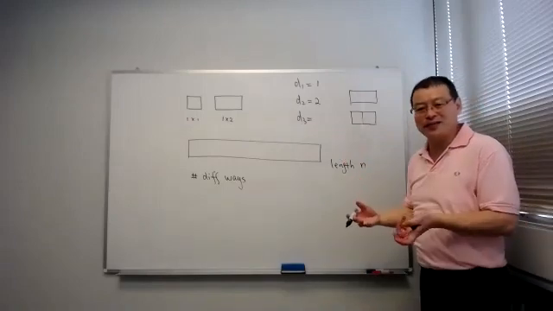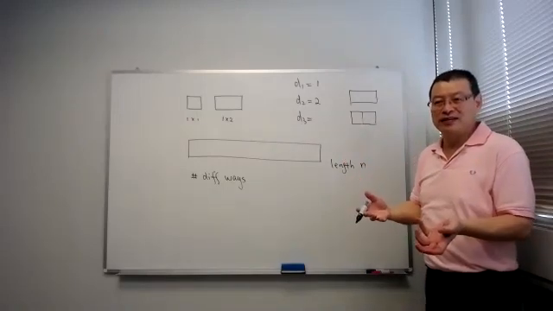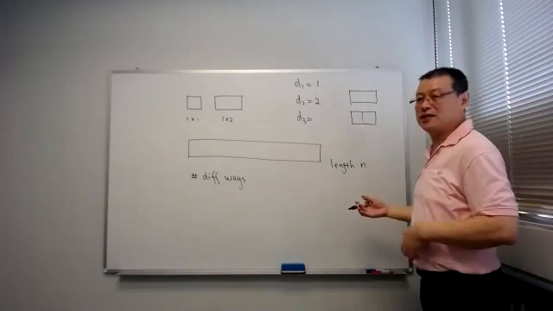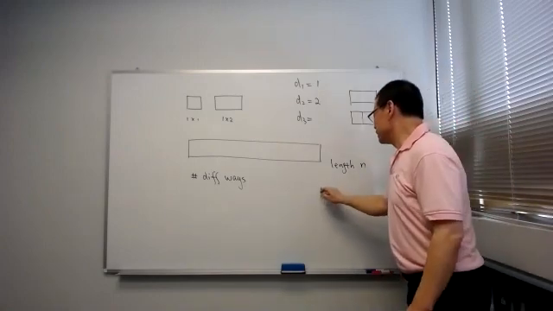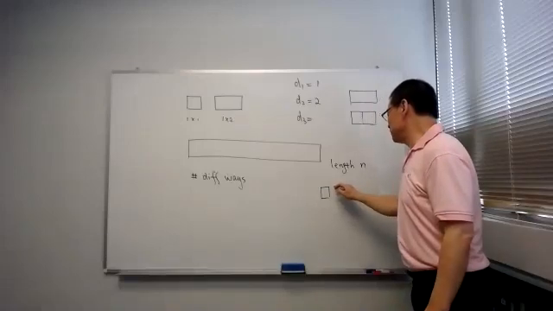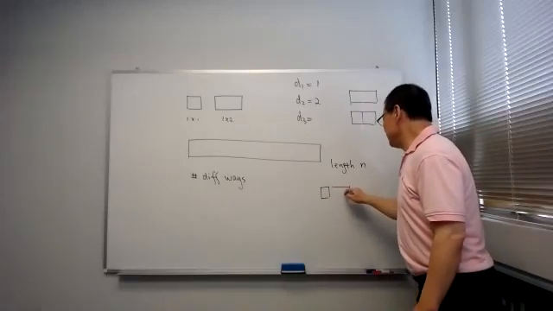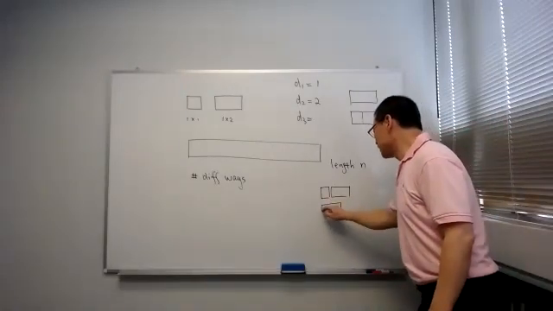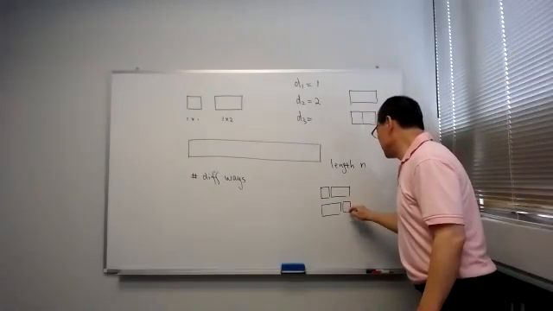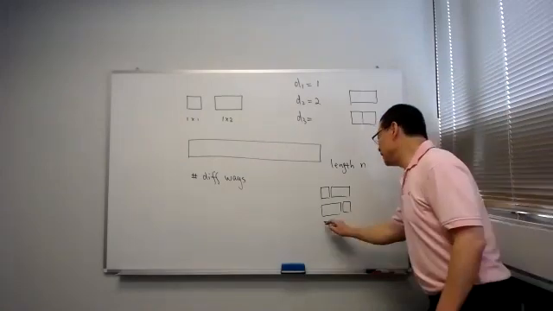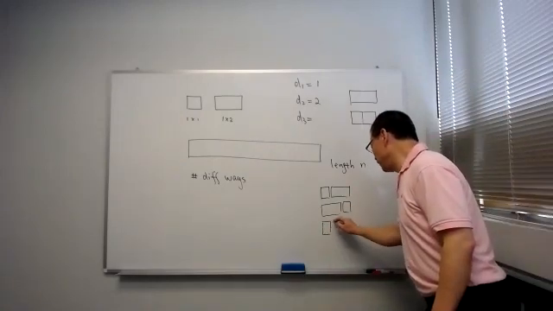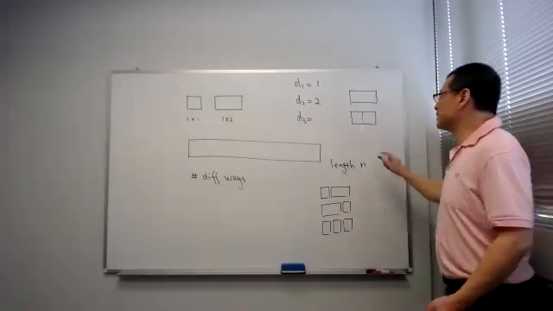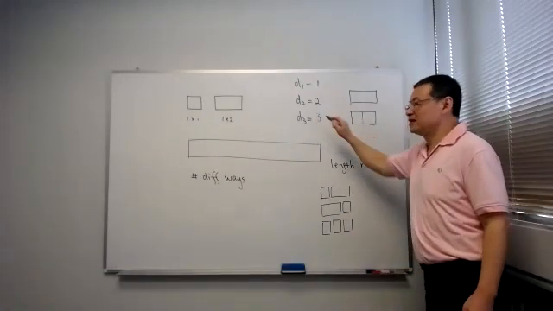Since the number is very small, you can try all possibilities. I can start with this one, followed by this one, which gives us one way. Or I start with this one, followed by this. Another way is I start with this one, followed by this one, then next one is this. So that gives us three different ways.